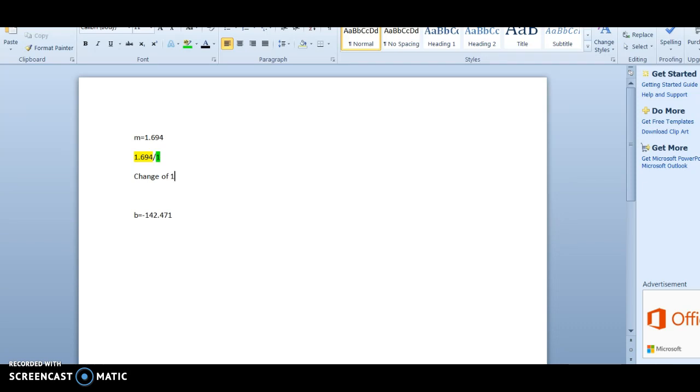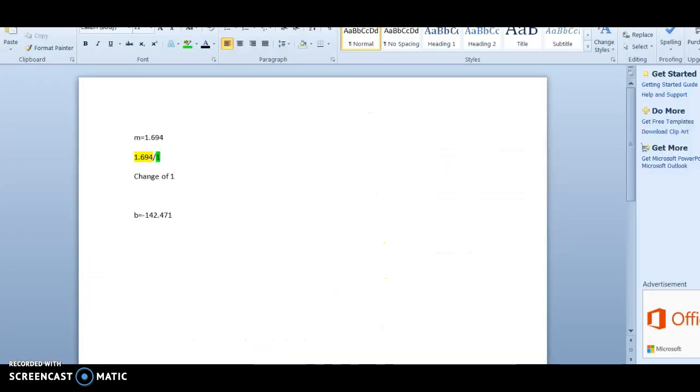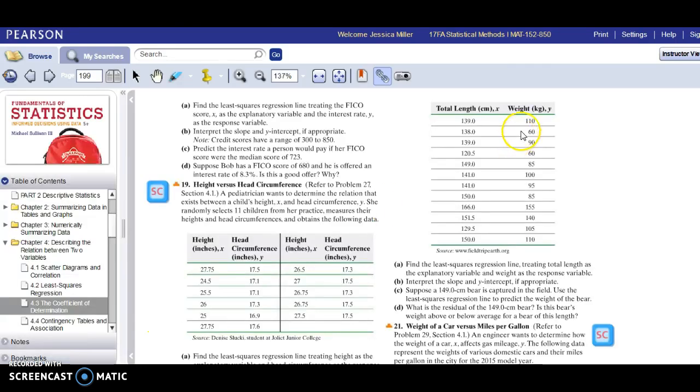And 1 what? The x values were our lengths, and go back to your problem and verify that you understand the units. So this length is representing a change of 1 centimeter. And my top number, the change in my y, this is representing a change in, going back to my context, kilograms.